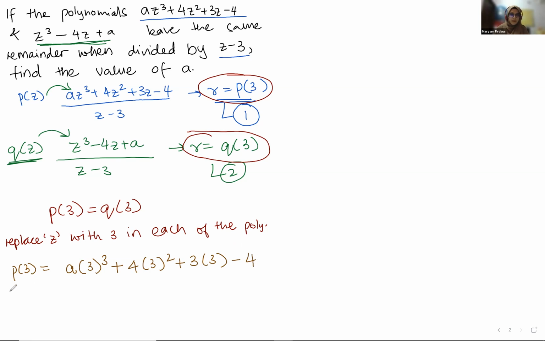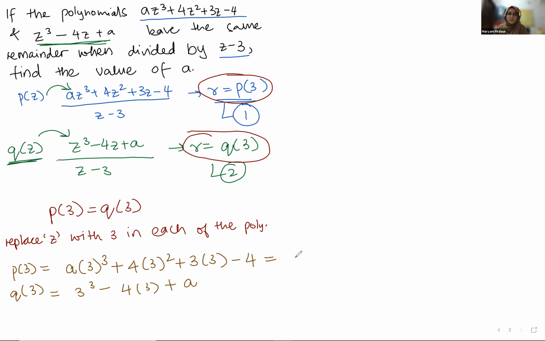Okay, and Q of 3 is? Ma'am, 3 cube minus 4 multiplied by 3 plus A. Okay, so what is the first one equal to? P of 3.